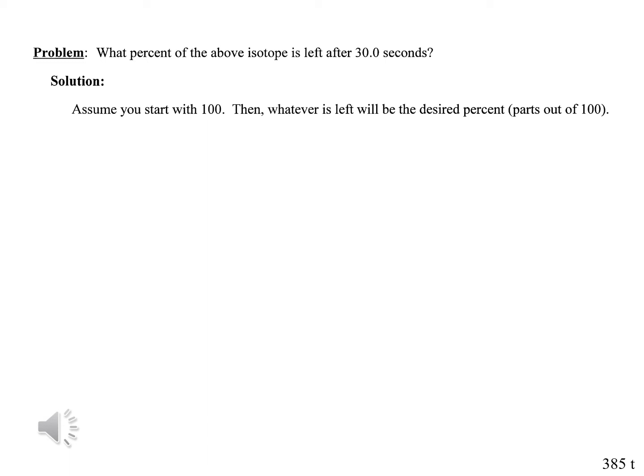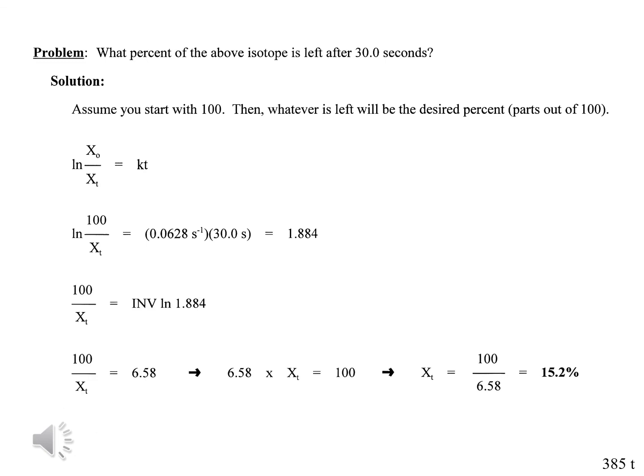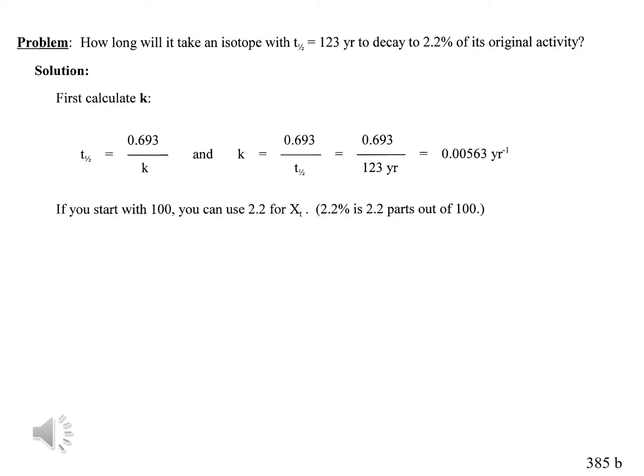You don't have to do anything with it. So I plugged in 100 for the starting amount and also the K and the T. The slide shows the math that you would use to get X sub T, and you don't have to do anything with it if you start with 100 because 15.2 is the answer, and that's parts out of 100 or percent.